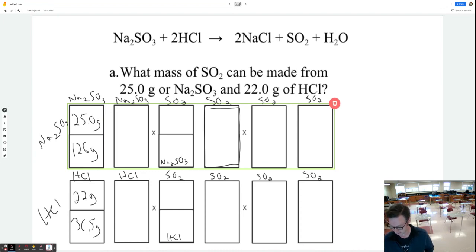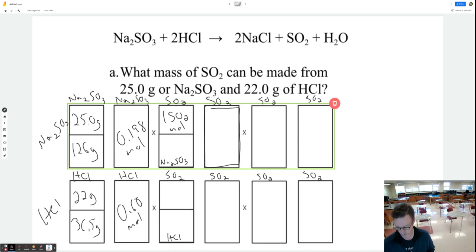Okay, so 25 divided by 126 is 0.198 moles. 22 divided by 36.5 is 0.6 moles. Right, now the mole ratio. SO2 is the product in question here in both.